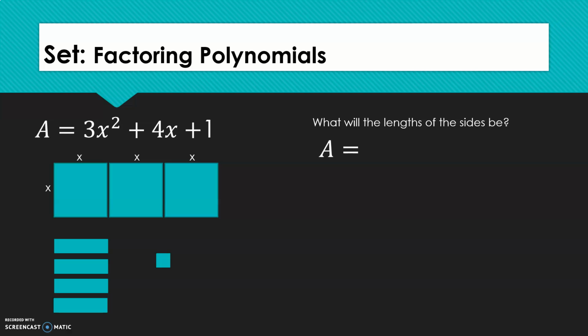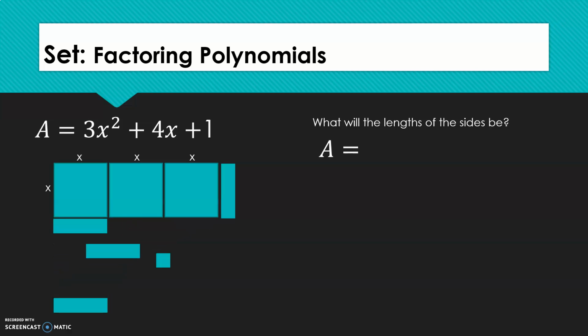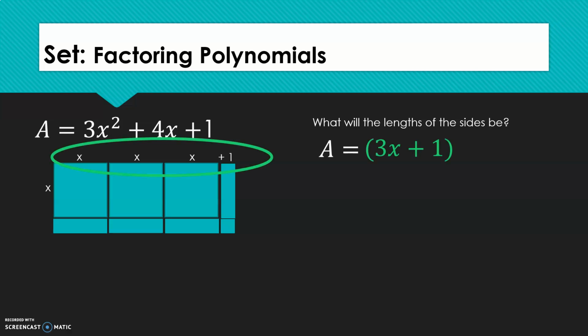We need to turn this into a rectangle. Notice on the top, we have x plus x plus x plus 1, which is 3x plus 1. And on the side, we have x plus 1.